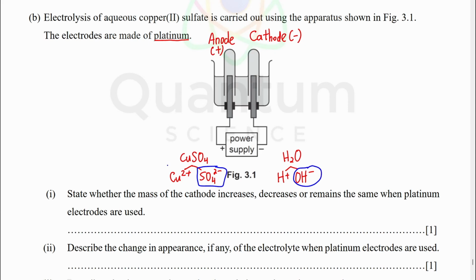So remember, we never electrolyse sulfate. In this case, we choose OH negative. So 4 OH negative will become O2 plus 2H2O plus 4 electrons. Then who will attract it to the negative electrode? Positive ions, so copper or hydrogen. If you check in the metal reactivity series, copper is below hydrogen, right?